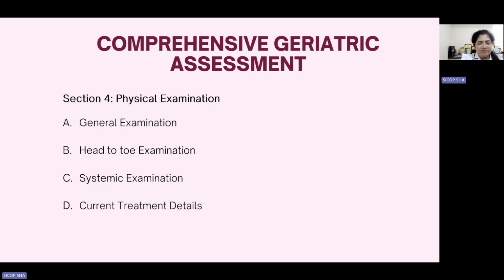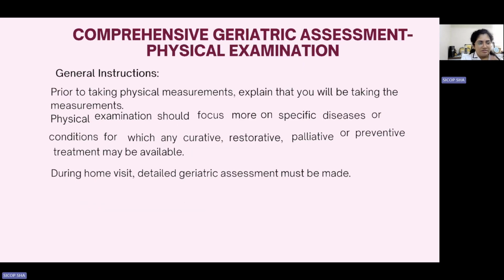The next part of the assessment is section 4, physical assessment: general examination, head-to-toe examination, systemic examination, and current treatment details. Prior to taking physical measurements, we give instructions, explaining to the patient what measurements we will be taking.